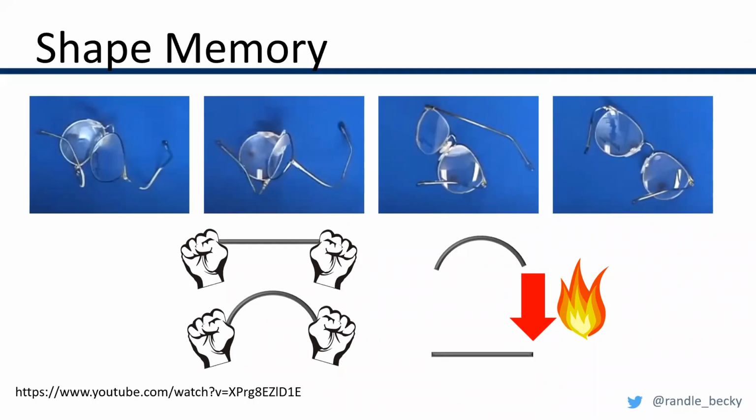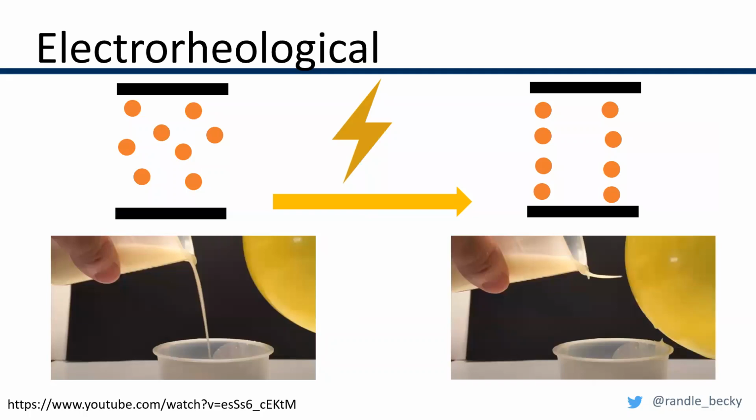This one's not very common, but it's shape memory alloys, and those are smart materials because you can bend them, and then when you apply heat, they will remember what shape they were in before and they'll pop back. This is an example with some glasses, but I don't think these are very commonplace. Another example, which everyone can do at home if they really want to, is cornstarch and water.